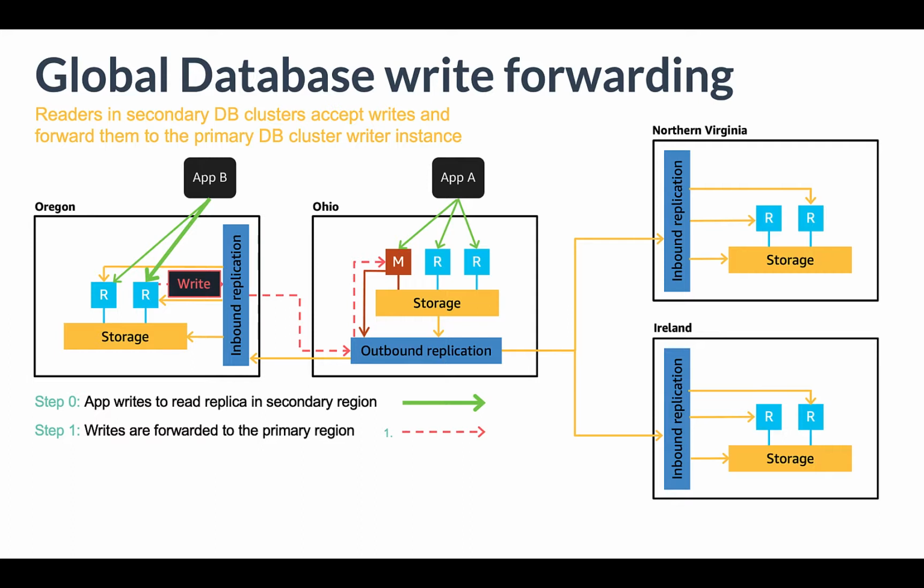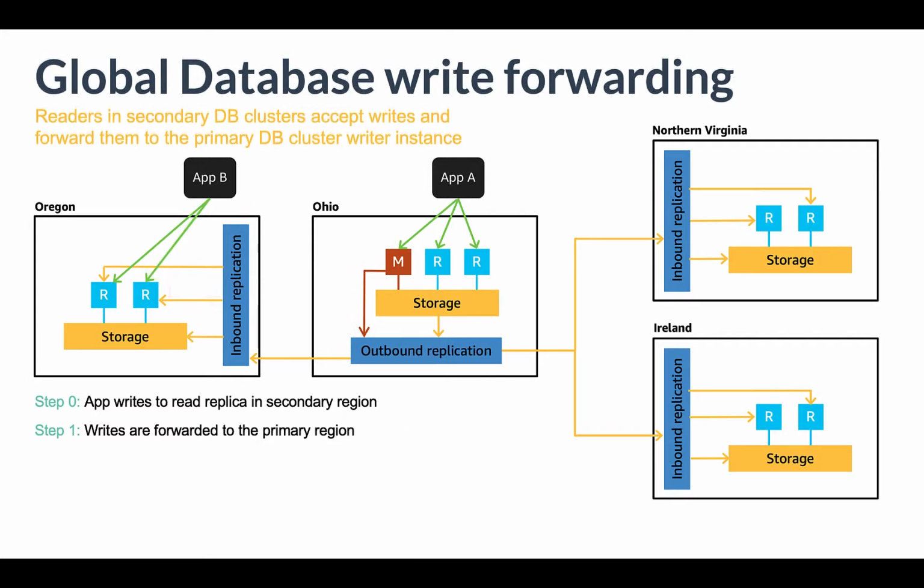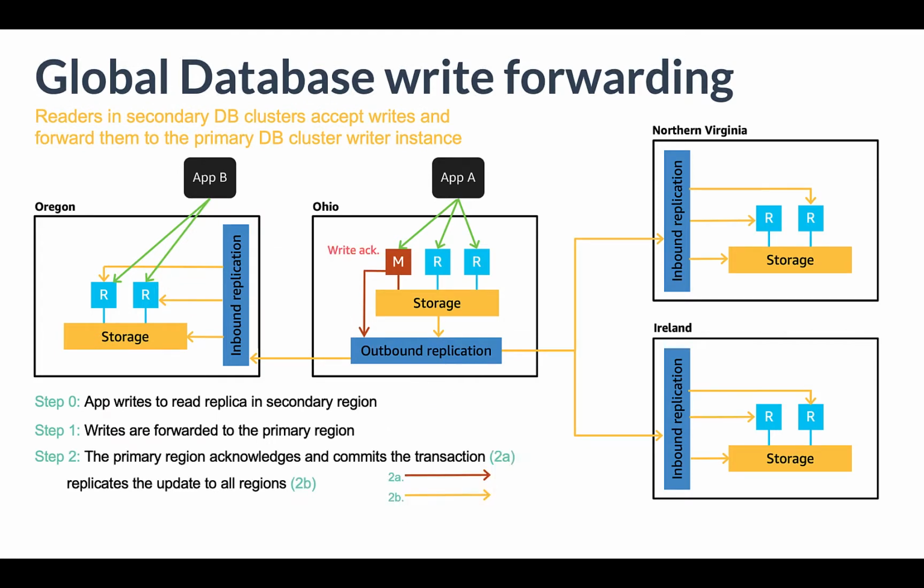Also, there is no risk of conflict because writes only happen on the primary. And then we acknowledge it, and any results from executing these statements, including warnings and errors, are returned to the remote instance and then to the application. The entire process is transparent to the application.